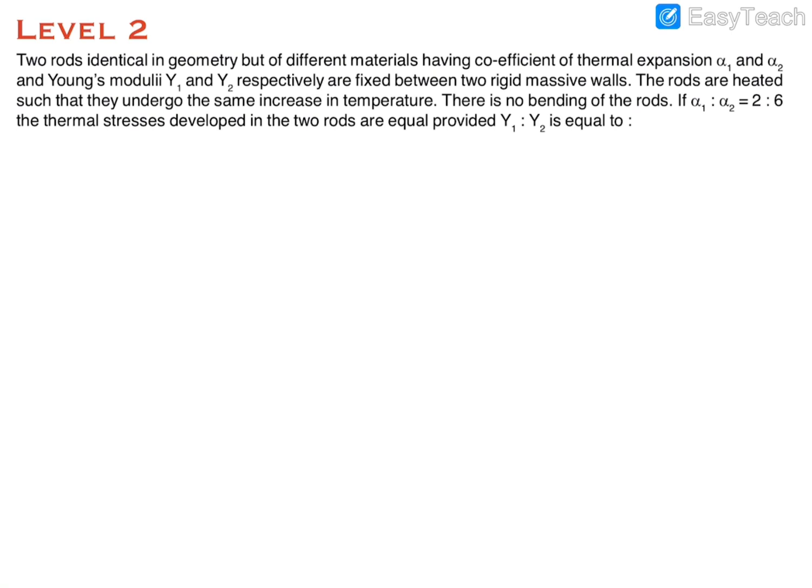These rods are separately fixed between two walls one by one, and they are subjected to the same rise in temperature. It is observed that there is no bending in the rods, and it is given that the ratio of alpha 1 and alpha 2 is 2:6. So we have to find the ratio of Y1 and Y2, provided that the thermal stress developed in both the rods is equal.